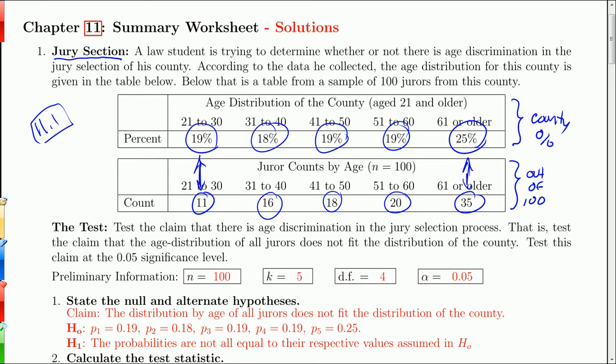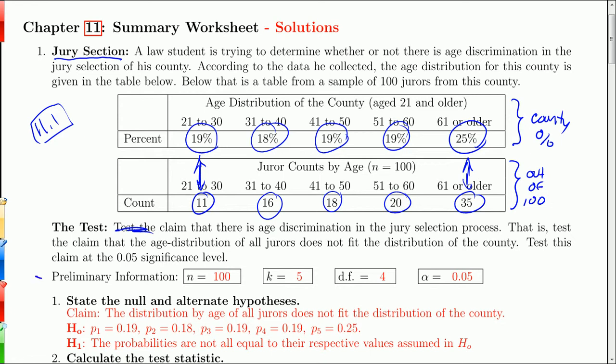So we're going to test the claim that there is age discrimination in this jury selection process. Essentially, we're testing the claim that the age distribution of the jurors does not fit the distribution from the county. Again, this is a goodness of fit test from chapter 11.1.